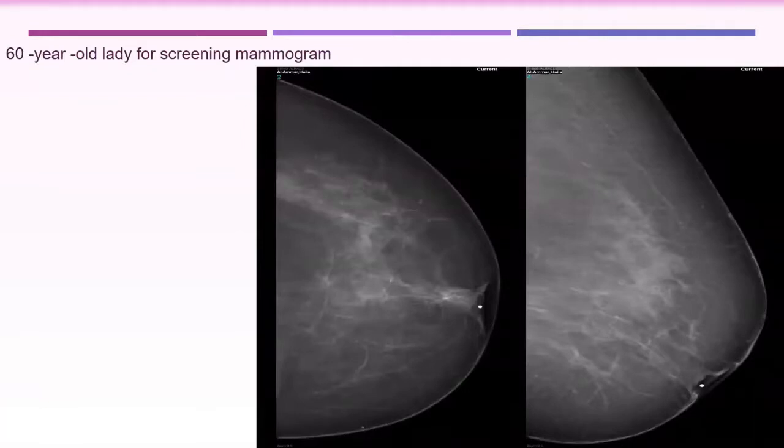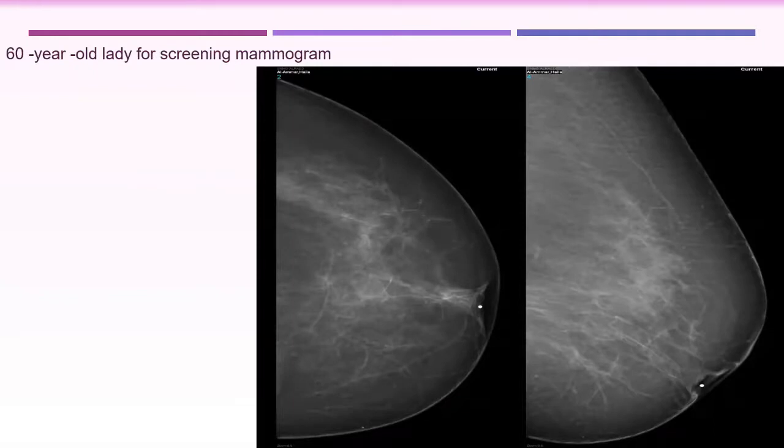Look here, this is not secretory mastitis. What is the cause of nipple retraction in this case? It's very clear, very obvious from mammography. Confidently, you can say this is due to a high density taking a ductal distribution.